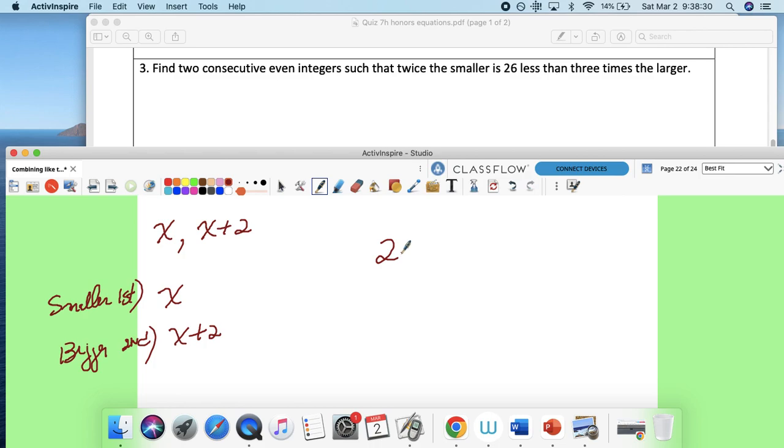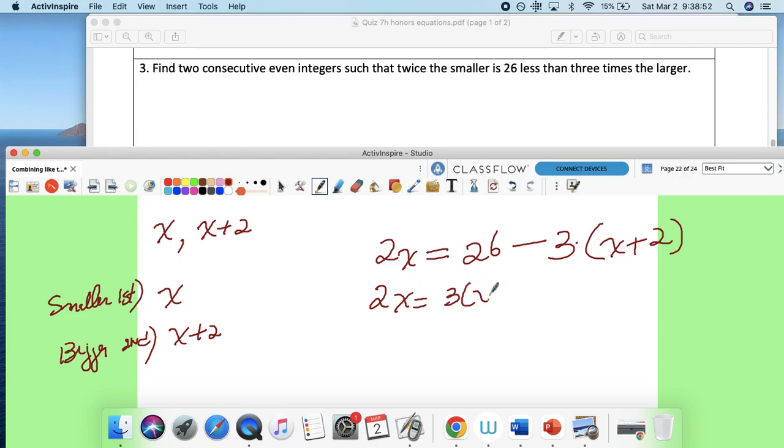Twice the smaller, or 2x, is, there's my equal sign, 26 less than, which means subtraction, 3 times the larger. Who's the larger? x plus 2. Here's my equation, except that because the phrase is less than, remember we have to switch the order of these two terms, so it actually is 2x equals 3 times x plus 2 minus 26.